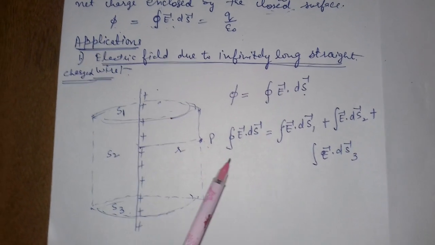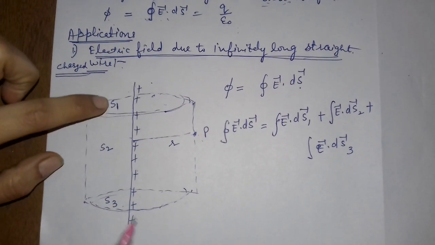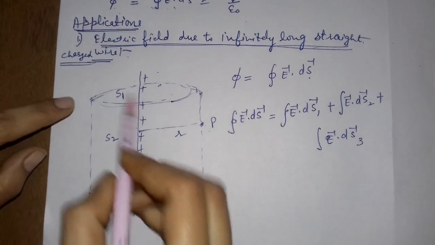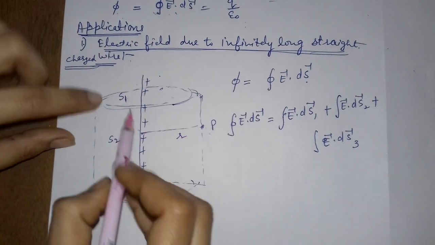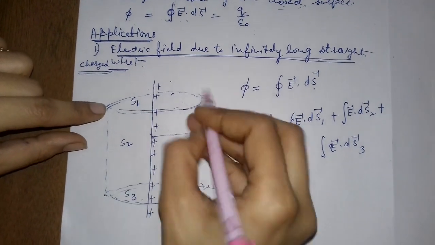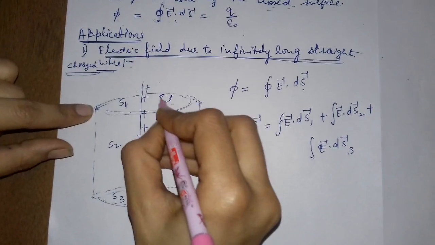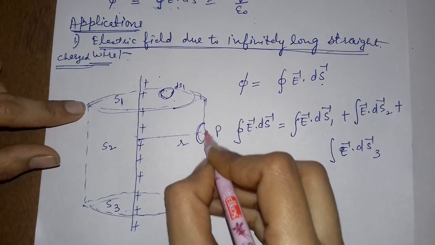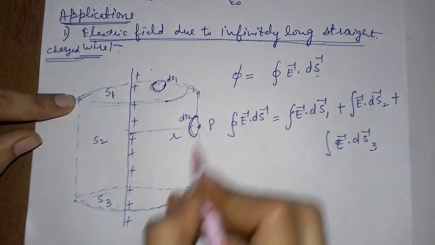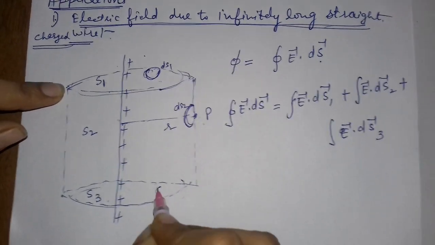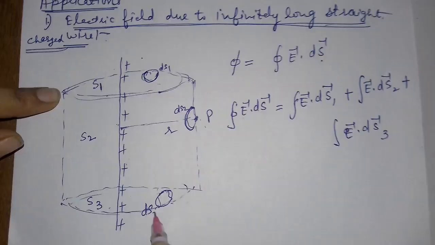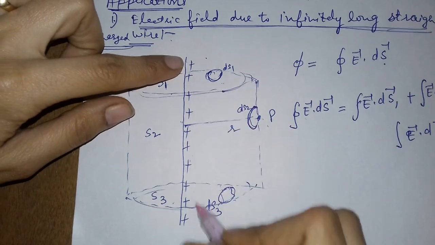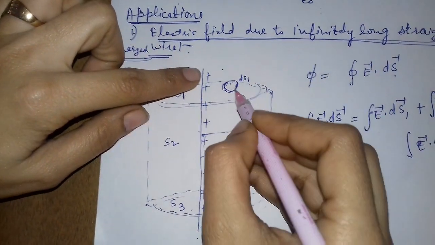This closed surface I have changed into three parts: E dot ds1, E dot ds2, E dot ds3. ds1 is what? This is the surface S1. Any small element taken over there, that is ds1. Similarly, here you can take a very small surface, that is ds2, and here a very small surface, let it be ds3, right?